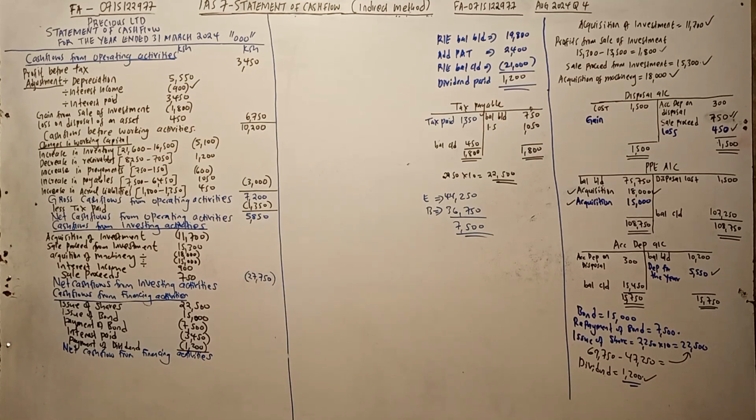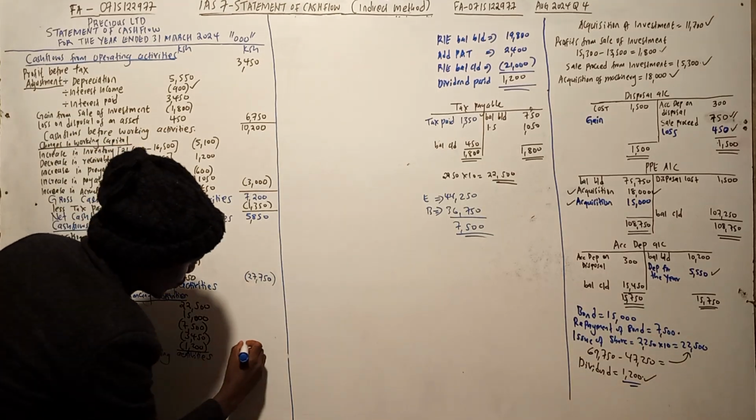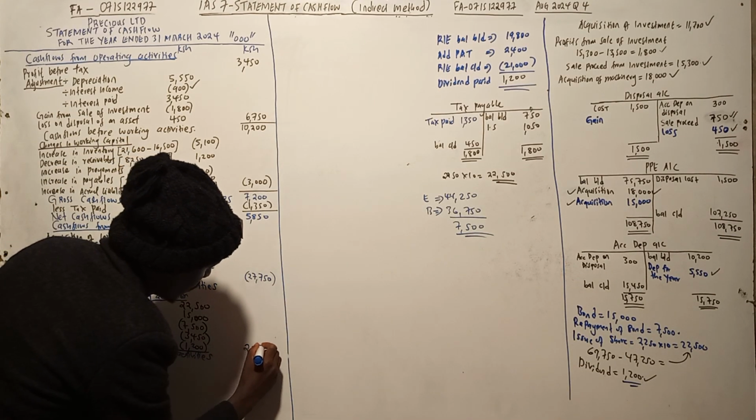So tunasema 22,500 plus 15,000 plus 15,000 minus 7,500 minus 3,450 minus 1,200 minus 1,200. So we have 25,350.